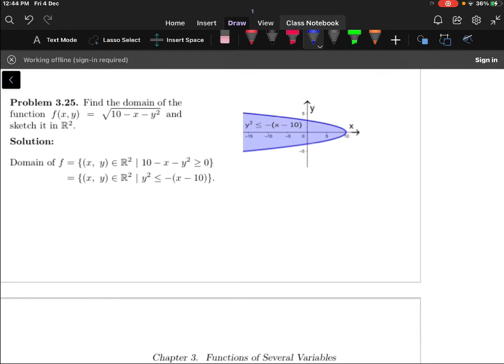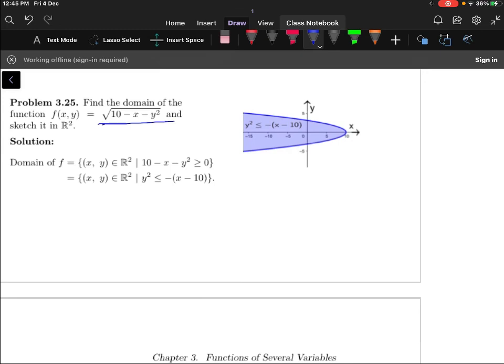Now let us move to the next problem. Find the domain of the function f(x, y) = √(10 − x − y²) and sketch the domain of the function f in R².